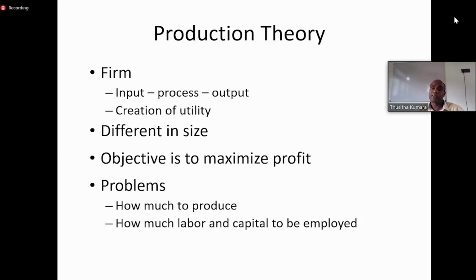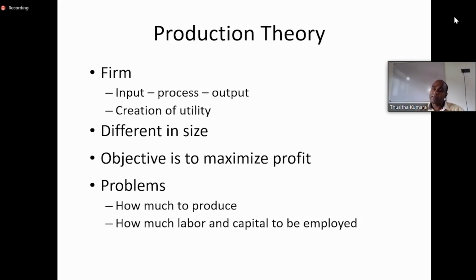But if you take Uva Wellassa University, maybe 3,000 students. It's small in size. If you take hotels, next to Uva Wellassa University, we have a small hotel. But if you take a 5-star hotel like in Colombo, then they are bigger in size. So in the same industry, there will be firms of different sizes.